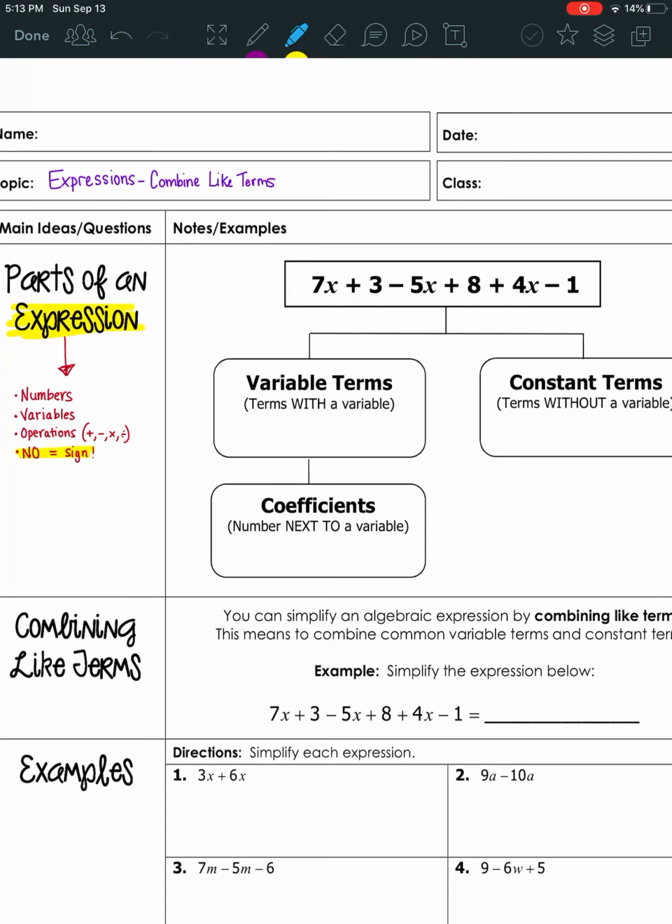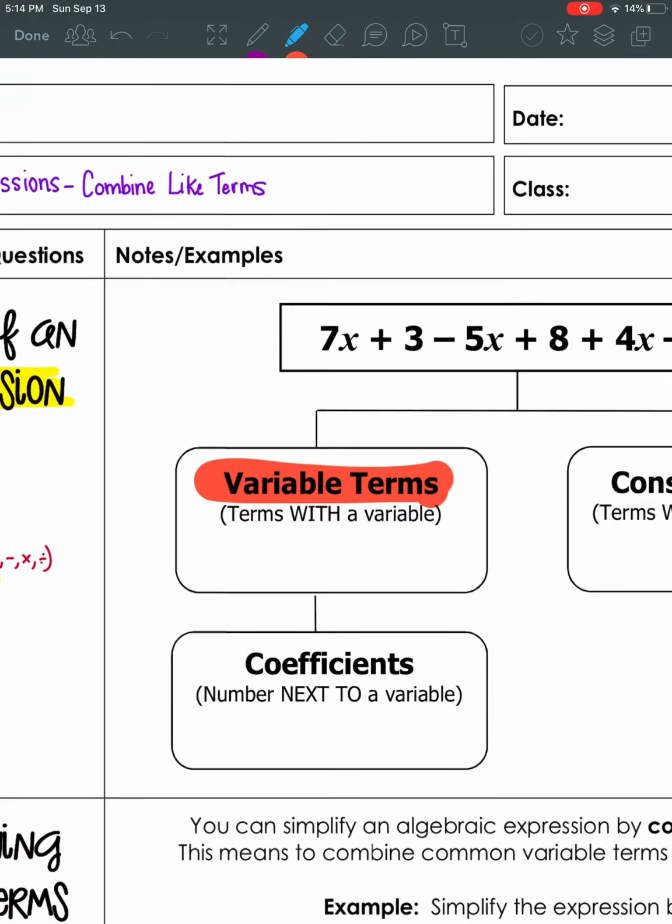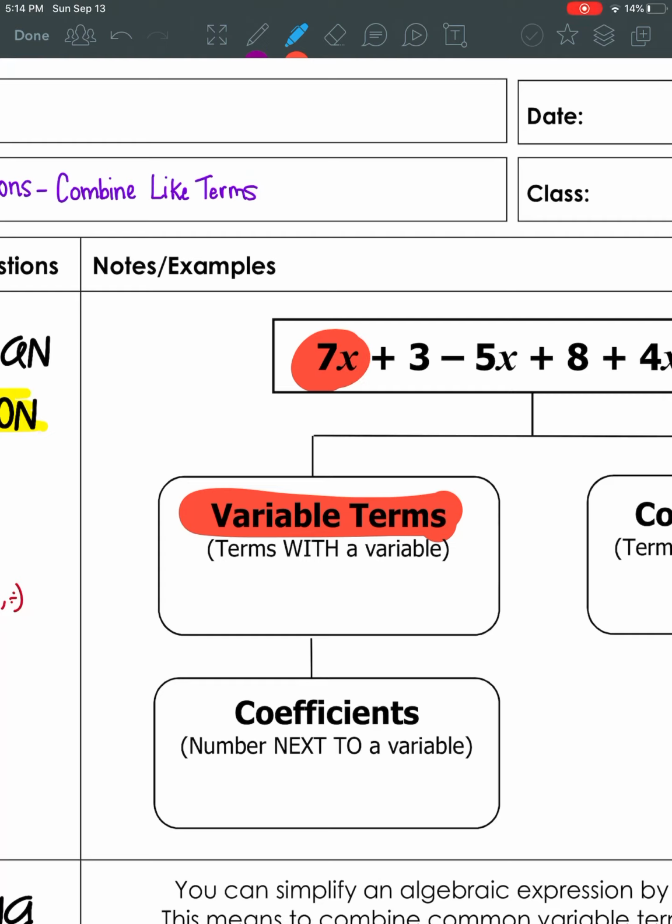All right, so let's look at this example off to the right here. We have a big, long expression, 7x plus 3 minus 5x plus 8 plus 4x minus 1. That is what we call an expression. So things we can find in an expression. We have variable terms, or anything you can find with a variable in it.